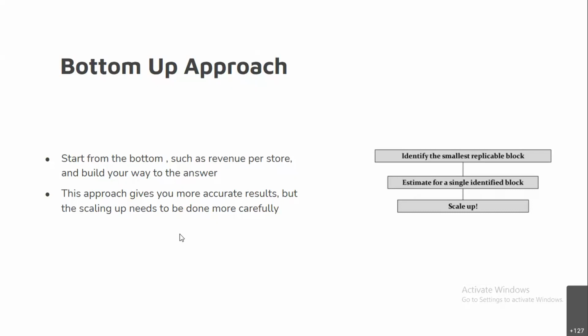Now, although this approach gives you more accurate results compared to the other, you need to put in a lot of effort and thought process into scaling up in the first place. So that is why this is the least preferred approach. Because if you start solving over time and think about what you've thought of, you'll see that most of the time you end up preferring the top down approach instead of the bottom up approach in many cases.